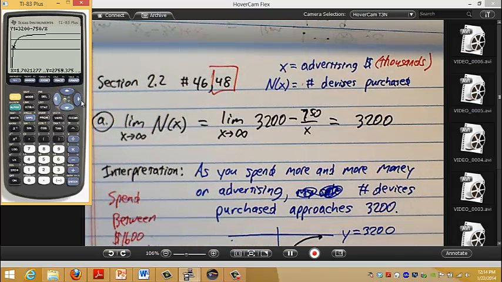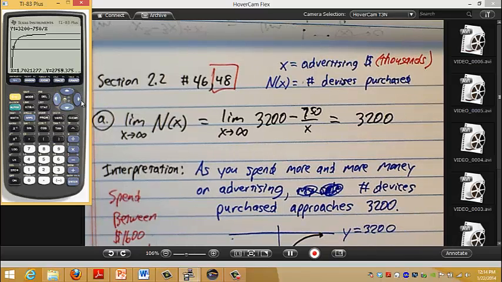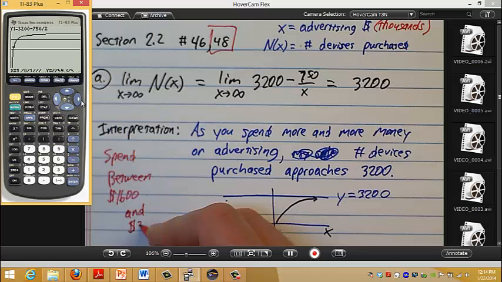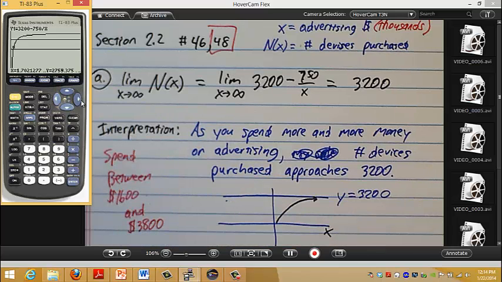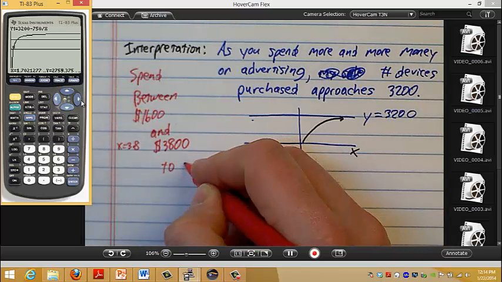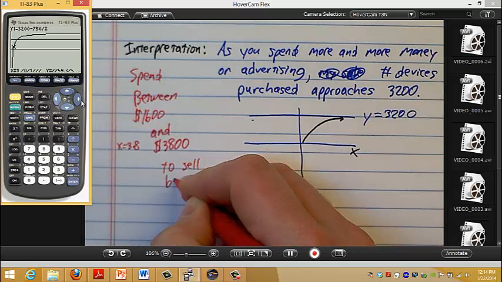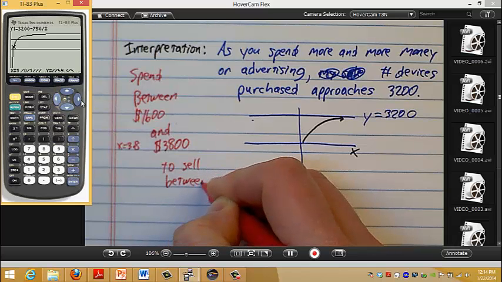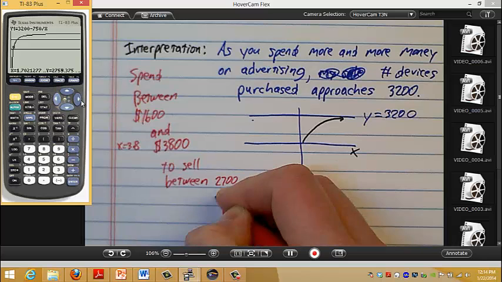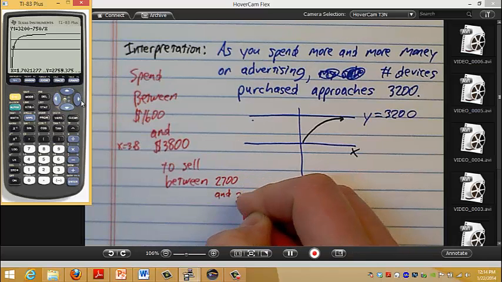Lost it. $3,800, because it was 3.8, right? That was x equals 3.8. And we would want to spend that much to sell between 2,700 and 3,000 devices.